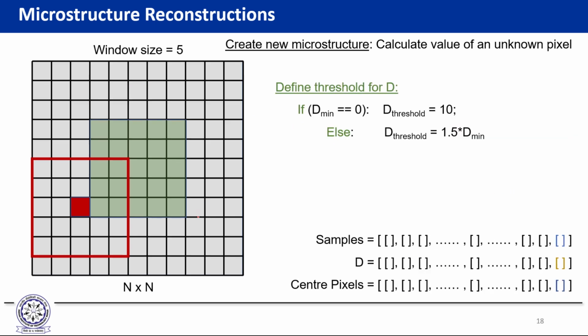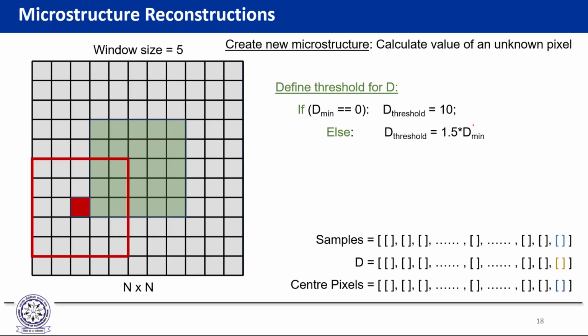So essentially what I will be doing after that is I will go ahead and start defining a threshold value for this distance. So I can come up with some sort of a rule that if the minimum value of distance is 0, I'll put the threshold as 10. That way the minimum value does not go all the way to 0 and does not become completely black. Otherwise I can simply put a threshold of 1.5 times the minimum distance.